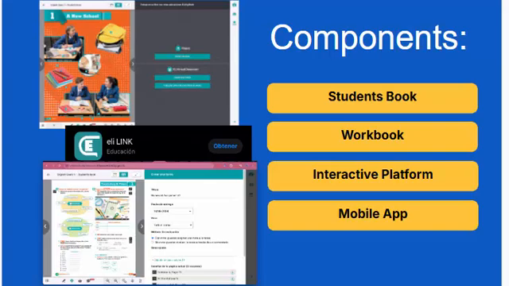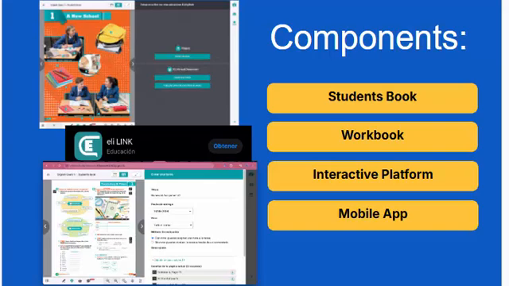The interactive platform, we're going to be talking more about this in a few minutes. But the interactive platform is really useful because these days, the kids don't want to use just a normal book. It's boring for them. But when they can use the computer, they feel more confident.